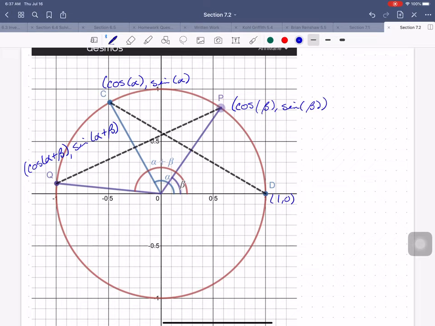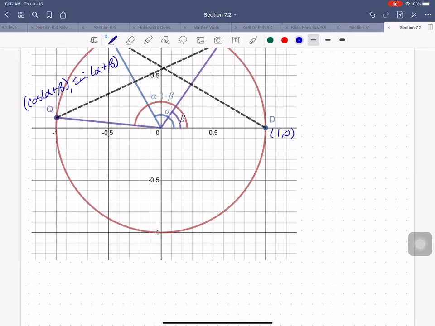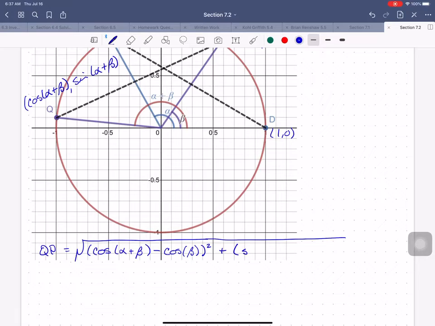So we can write the distance formula. Just to show you how this works, the length of line QP is the square root of the difference in x coordinates squared plus the difference in y coordinates.